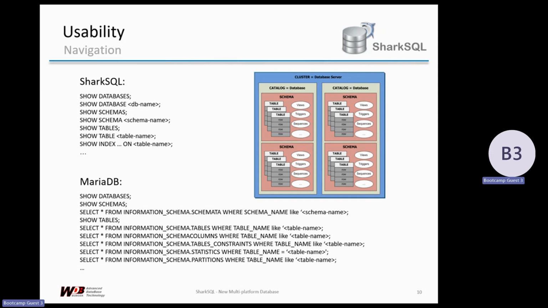And in SharkSQL, it's similar to Oracle RDB. You say show database. Within show database, you see which databases are configured, then show the database name. You get all the details and which schemas are available at the next level of the configuration. Then you say show schemas and so on. So you can get top down.